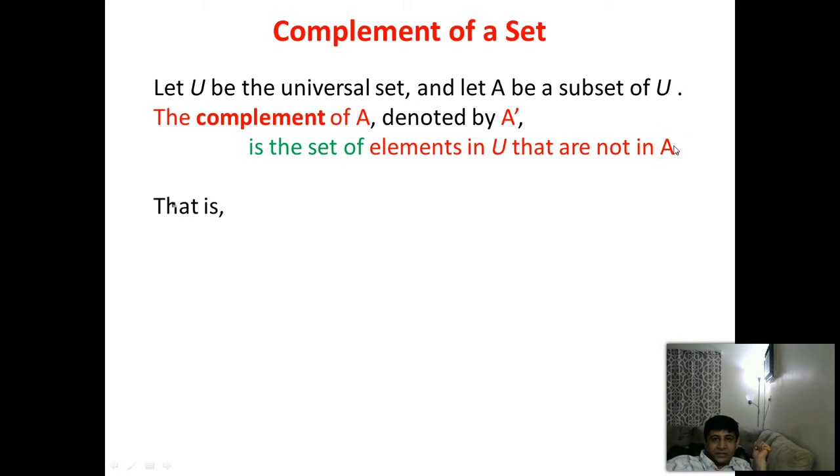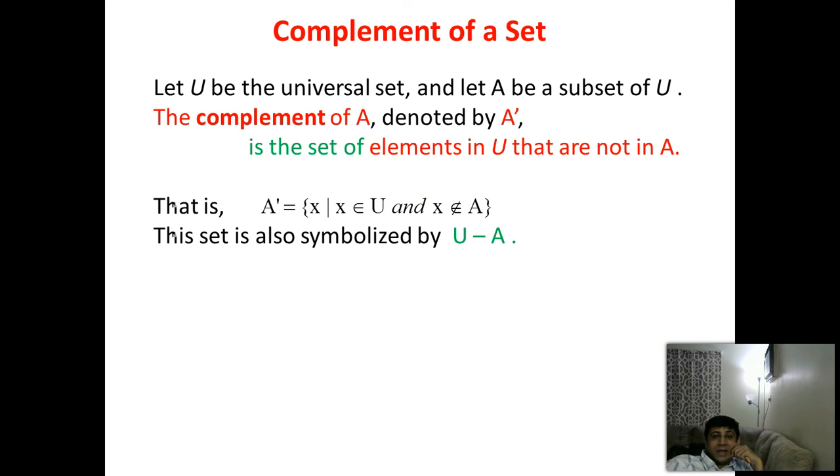In set builder notation, to find a complement, we are looking for all those X such that X belongs to the universal set and at the same time X does not belong to the set A. This is also represented by the difference here.